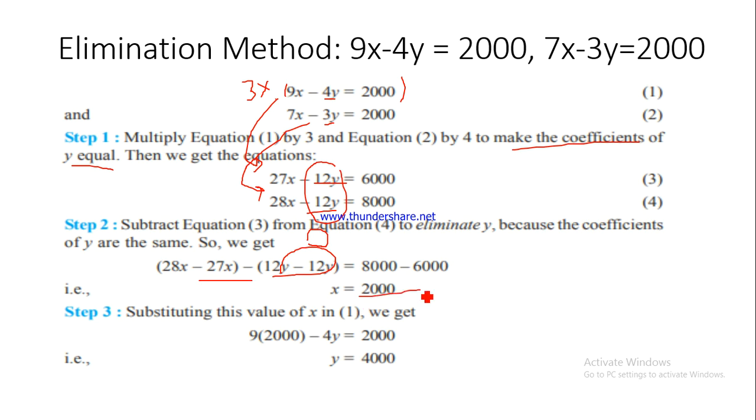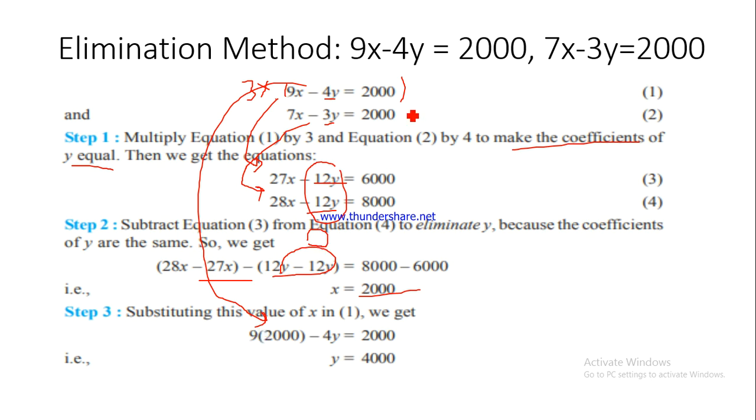And if I put this value in any of the equations 1, 2, or even 3 or 4, I can find out the value of y. So we have put the value of x in equation 1. So 9x would become 9 into 2000, and minus 4y, I do not know the value of y. It has to be found out.